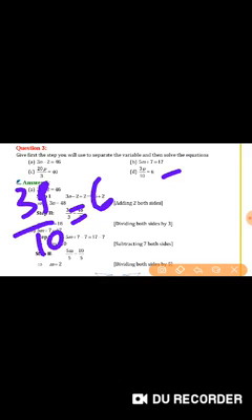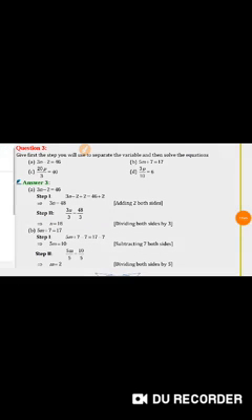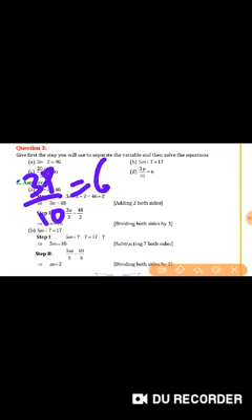Next, same in the second one. I'll choose 3p by 10 is equal to 6. So transfer the division first, then you can handle the multiplication.